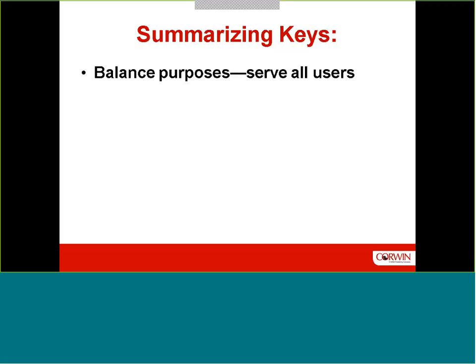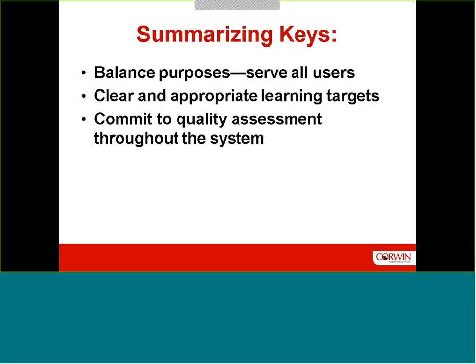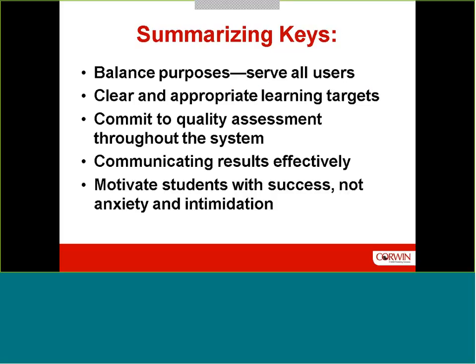Balance purposes, meet all user needs, clear and appropriate targets of success, commit to quality assessment throughout the assessment system, communicate results effectively as a function of the context, formative or summative, and motivate students with success, not with anxiety and intimidation.